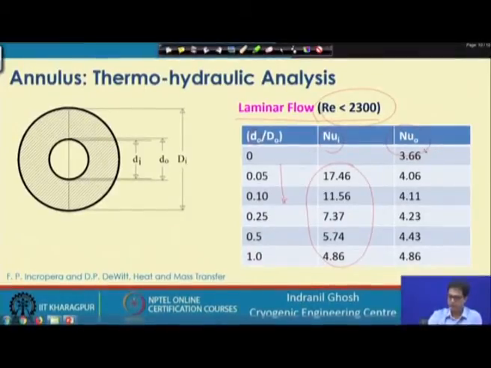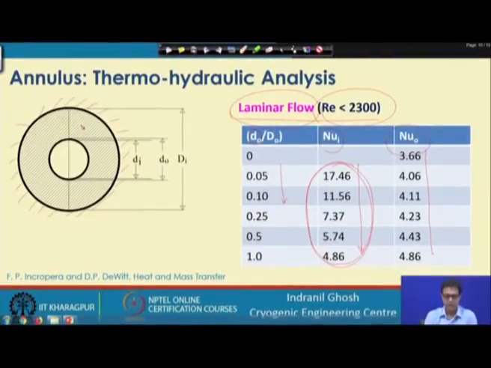So, we are not really interested about this part, because we are assuming that the outer tube of the heat exchanger will be insulated. So, we will be mostly interested about these numbers, when the flow through the annular space is laminar in nature.